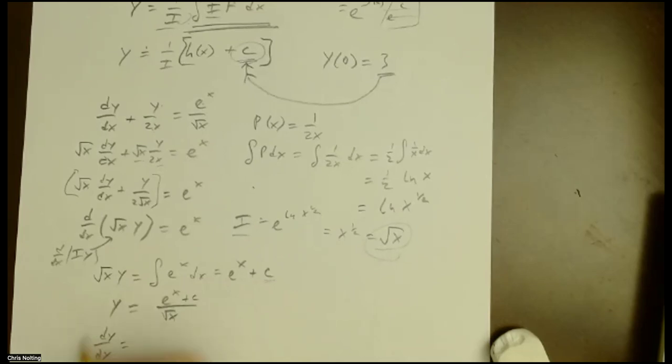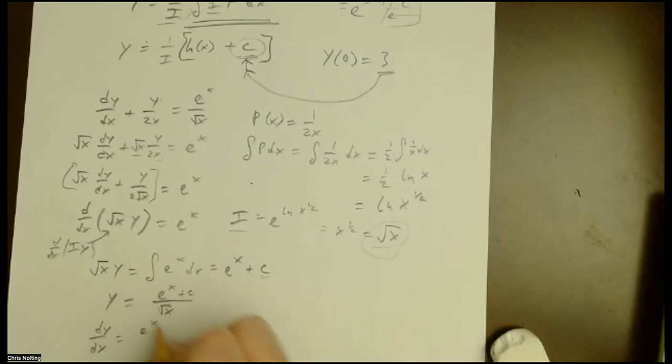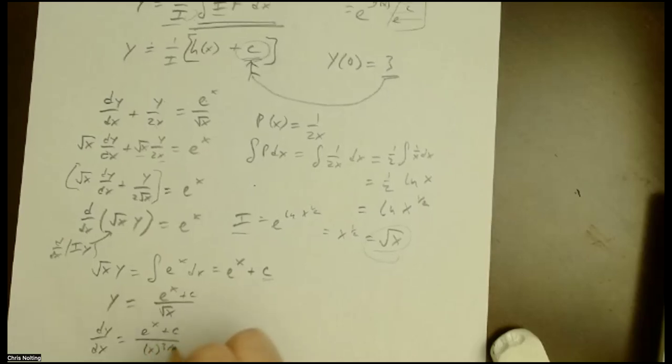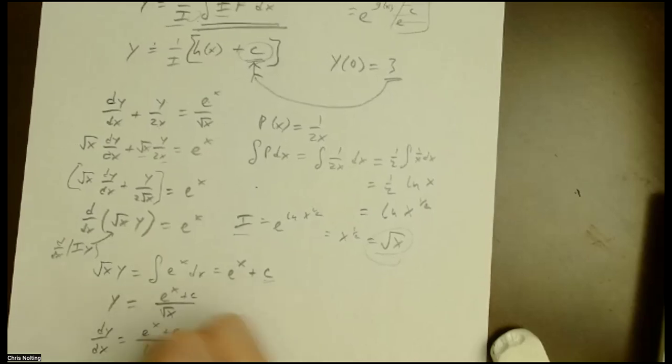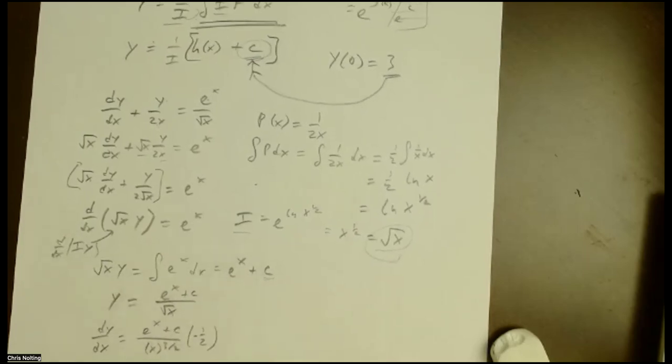So if we take this derivative, if we keep the top by itself and then take the derivative of the bottom, we would get x to the 3 halves, and we'd get a minus 1/2 out front. And then if we did the derivative of the top, keeping the bottom constant, we would just get e to the x over square root x.